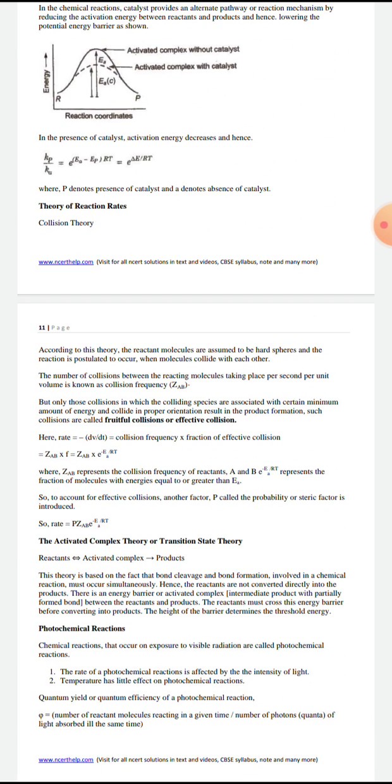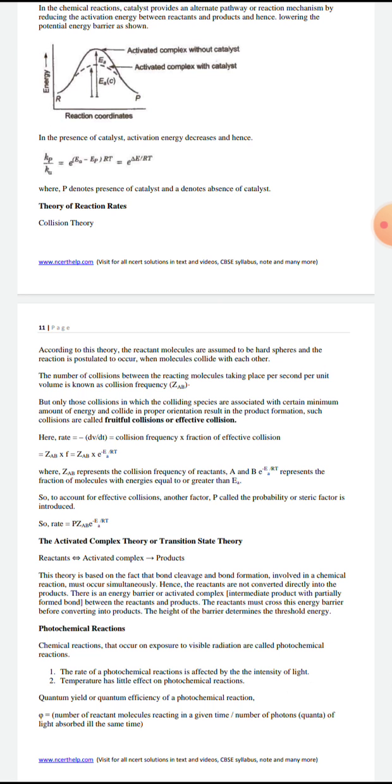Next, theories of reaction rates. First, collision theory. According to this theory, the reactant molecules are assumed to be hard spheres, and the reaction is postulated to occur when molecules collide with each other. The number of collisions between the reacting molecules taking place per second per unit volume is known as the collision frequency.